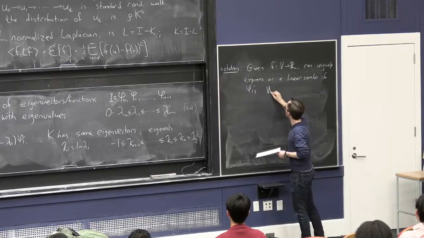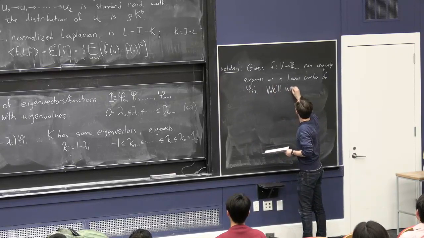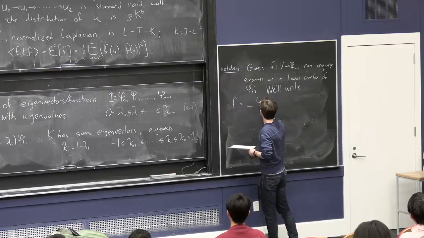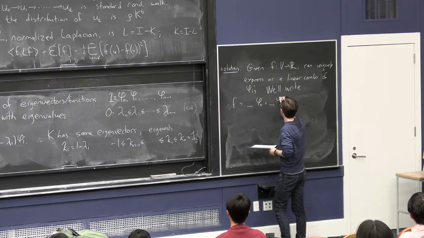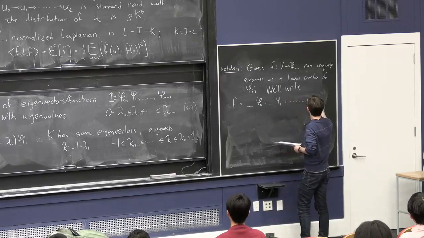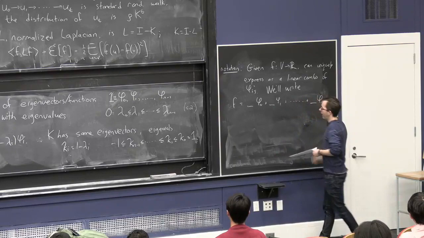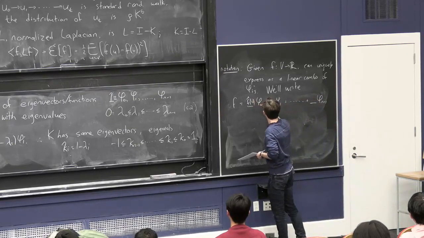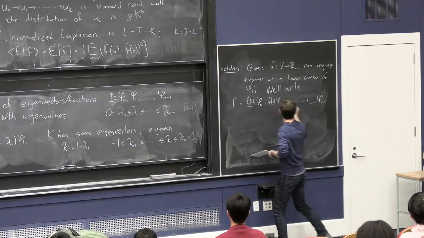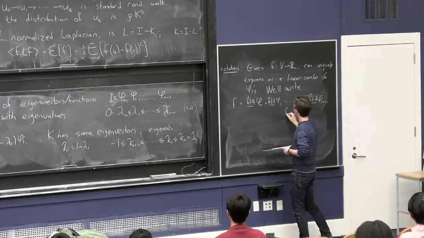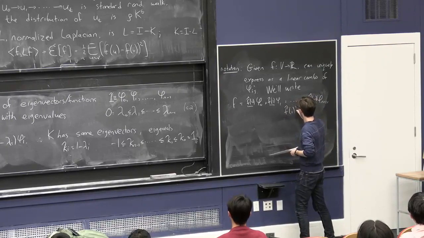We'll write f as something times phi 0 plus something times phi 1, where these are real scalars. And I like to write f hat 0 and f hat 1 up to f hat n minus 1. Okay, so these f hat i's are scalars.